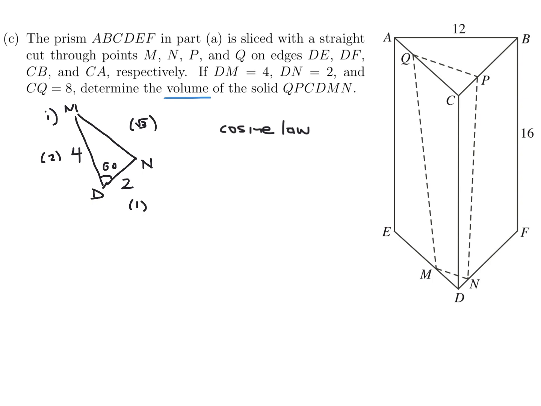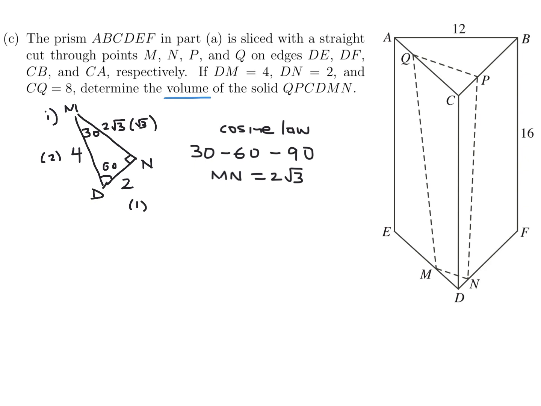But I like to do it the faster way, the 30, 60, 90 triangle way, where this is 60, this is 90, and this is 30. Either way is fine, I just like to save time. So the conclusion I came to using the properties of 30, 60, 90 triangles is that MN is equal to 2 root 3.